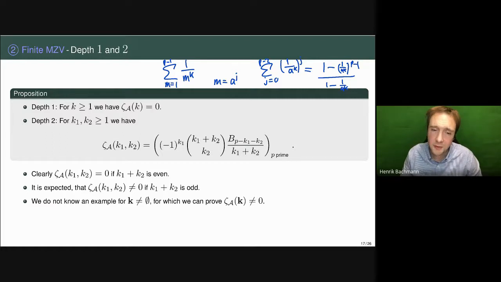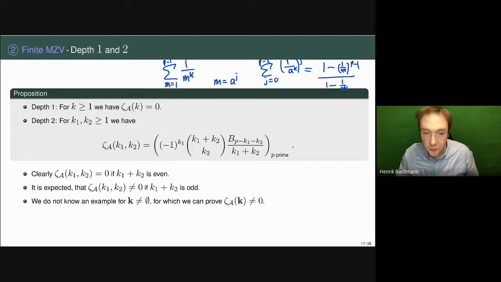So if you were able to show that there are infinitely many regular primes, then you could show this here, because then we could show that there are infinitely many primes such that this Bernoulli number here does not vanish. Yeah, but the statement is that this is not an easy question, to show that something in this ring is not 0.